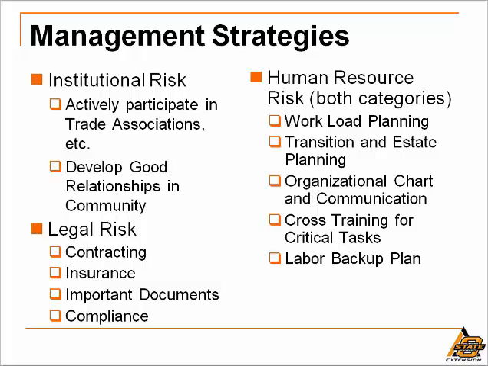Having a workload planning calendar and a labor backup plan, such as family members or others who can be called upon at the last minute to perform critical tasks, is important. Having more than one person within the organization trained to perform every task is essential. Finally, from a long-term perspective, having a sound management transition plan in place will serve the family business well.